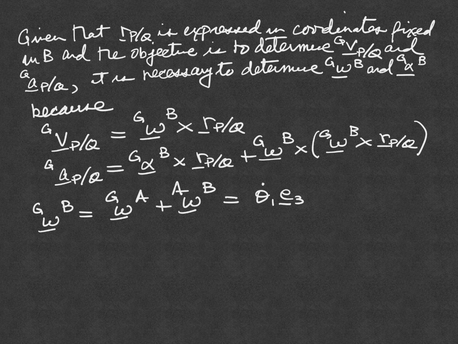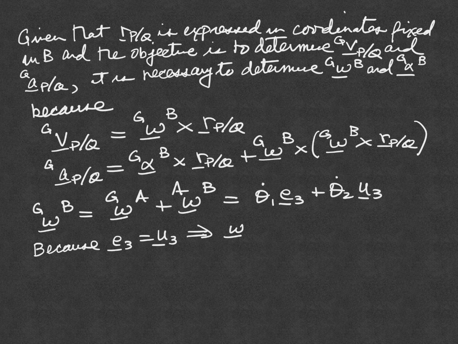And then B rotates relative to A with an angle theta 2, so its angular rate is theta 2 dot, and it's in the direction U3. Now, of course, in this particular case, E3 and U3 are the same. So because E3 equals U3, that implies that the angular velocity of B in G is equal to theta 1 dot plus theta 2 dot times U3.